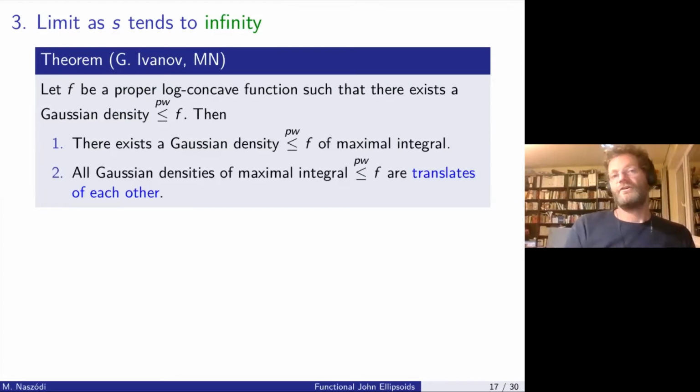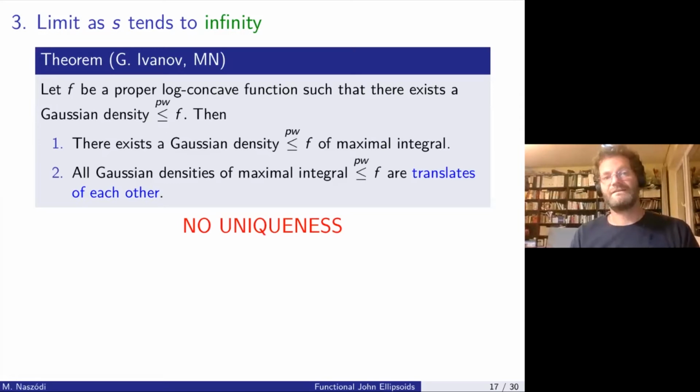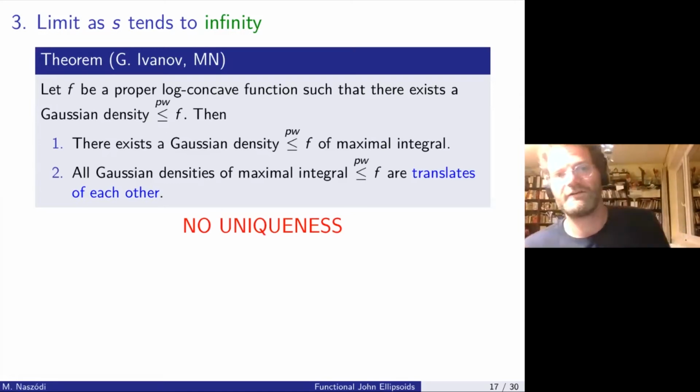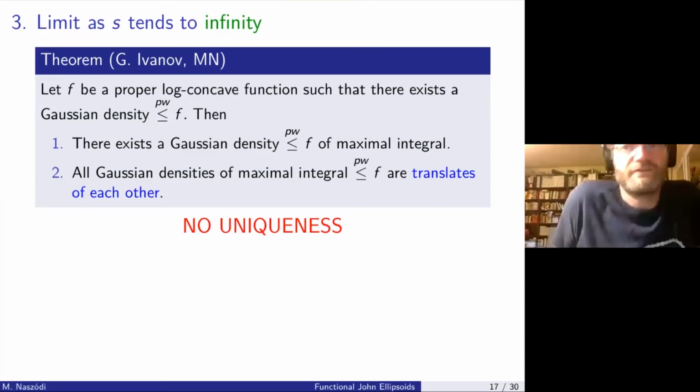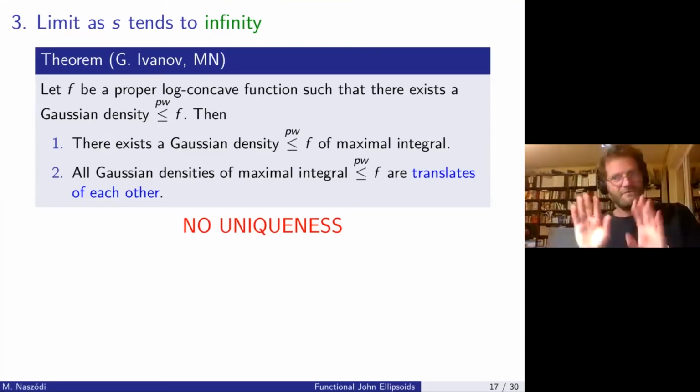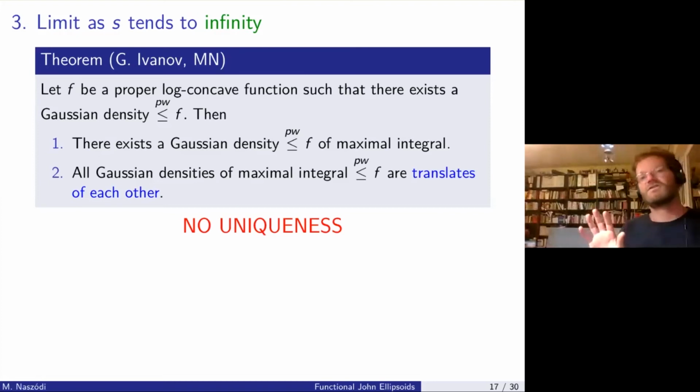Also, if you take all those Gaussians pointwise below f that are of maximal integral, they are all translates of each other. And watch out, I didn't say that it's unique. We're talking about a proper log-concave function, so a positive, finite integral function.